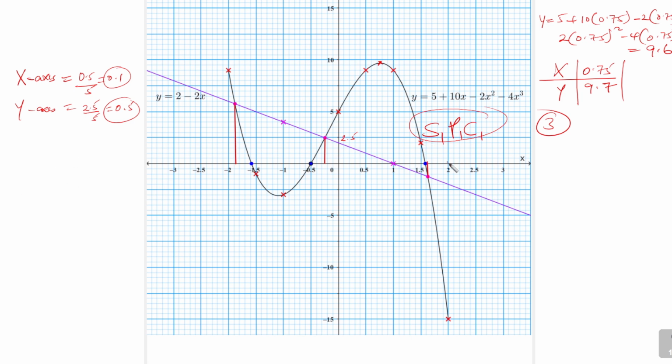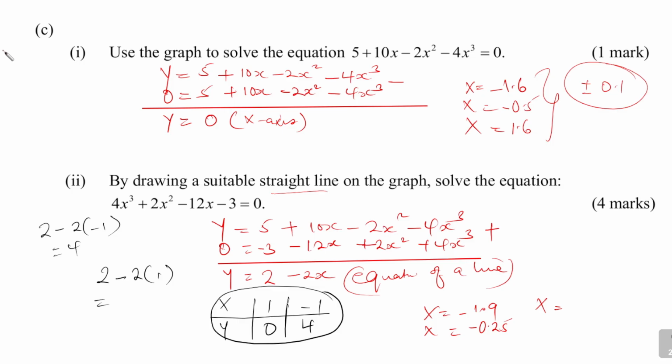When you draw a straight line up, the x coordinate here will be 1.6. So the point is 1.6. That is how you're supposed to solve that question on quadratic graphs.